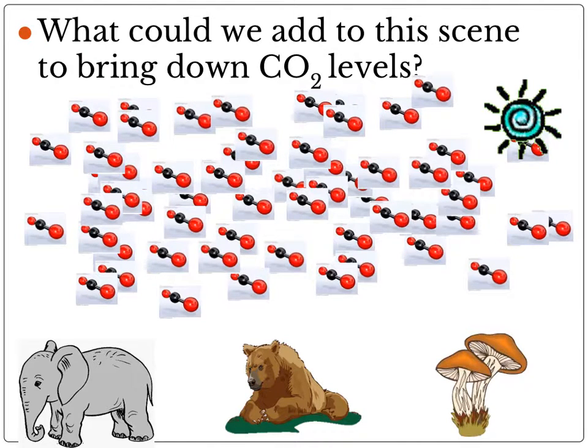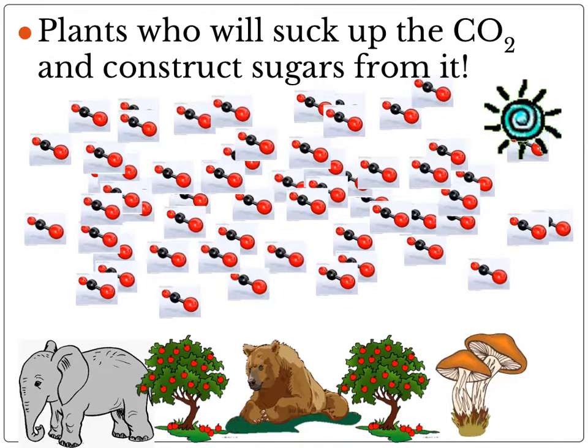So what could we add to this scene to bring CO2 levels down, to remove the carbon dioxide in the air? What type of organism? Hopefully you've realized that I'm referring to plants.